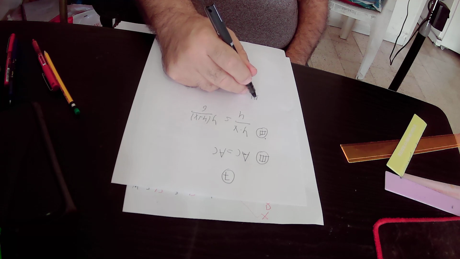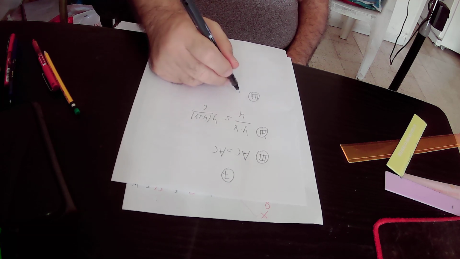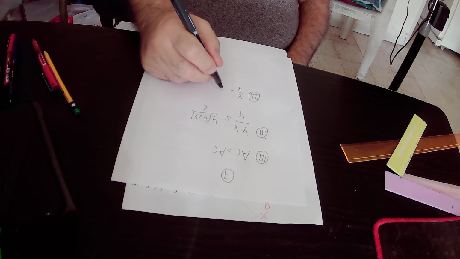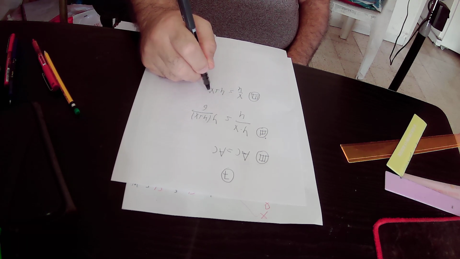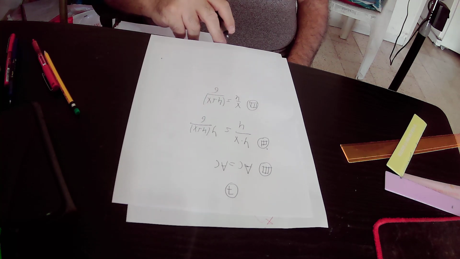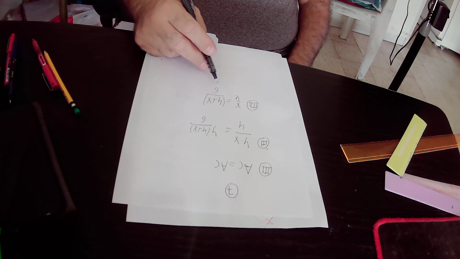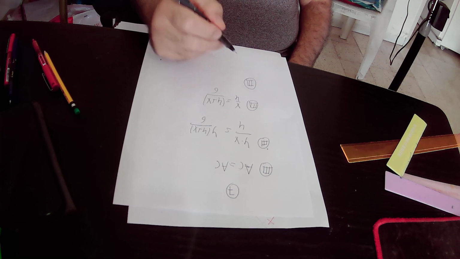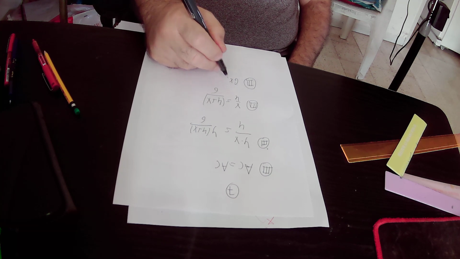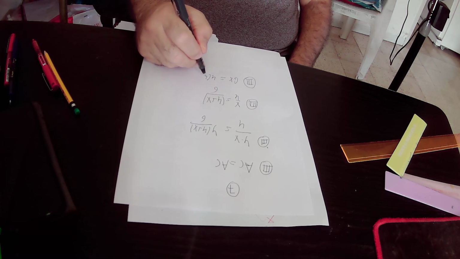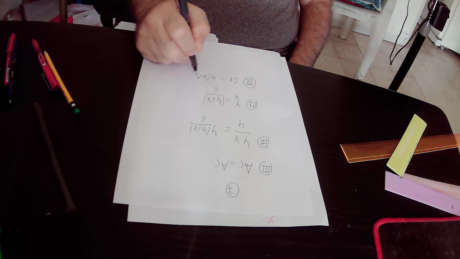Okay, so we will get that x over 4 equals (4 plus x) over 6. Here we will multiply equation number 3 by 6 and by 4, and we will get that 6x equals 4 times (4 plus x).